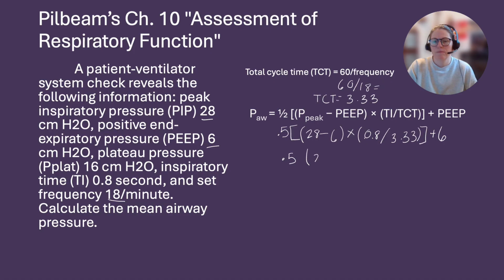0.5, 22 times, we'll do this math here, and that is 0.24 plus 6. Continue to work our problem left to right. Parentheses first, remembering PEMDAS. 22 times 0.24, 528 plus 6.